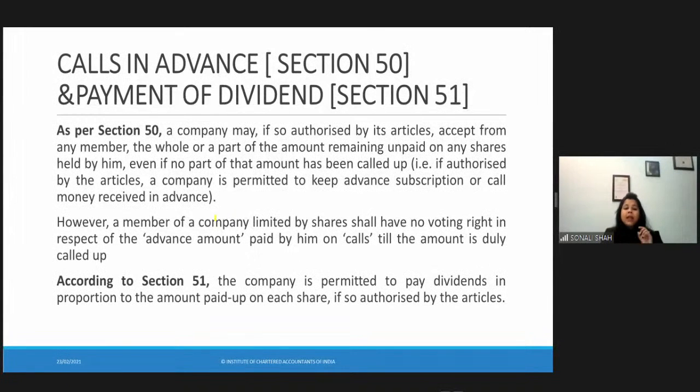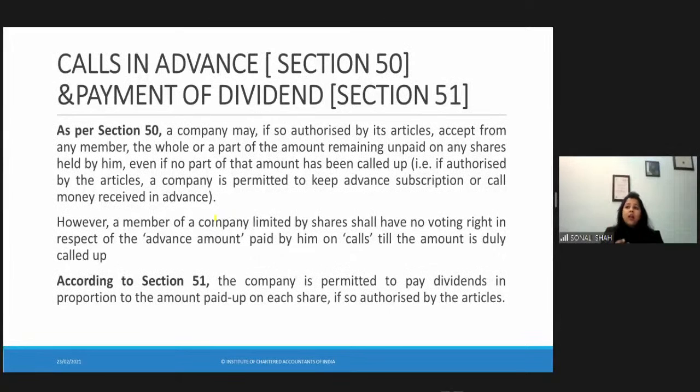Okay? However, a member of a company limited by shares shall have no voting right in respect of the advance amount paid by him on the call till the amount is duly called up. So he will only have voting rights in proportion to the shares held by him in response to the calls that have been made.